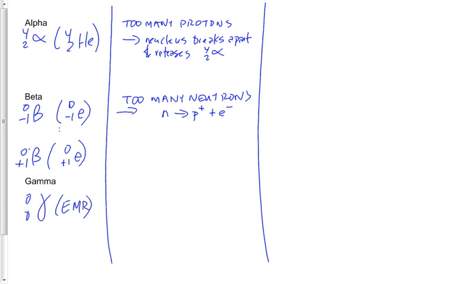Something that's neutral becomes something that's positive and negative. The proton stays behind because protons are a part of the nucleus, so it just stays there. You end up with one less neutron in the nucleus, one extra proton in the nucleus. The electron leaves because we don't want them in the nucleus. Electrons don't belong in the nucleus. The electron that leaves is the beta particle.